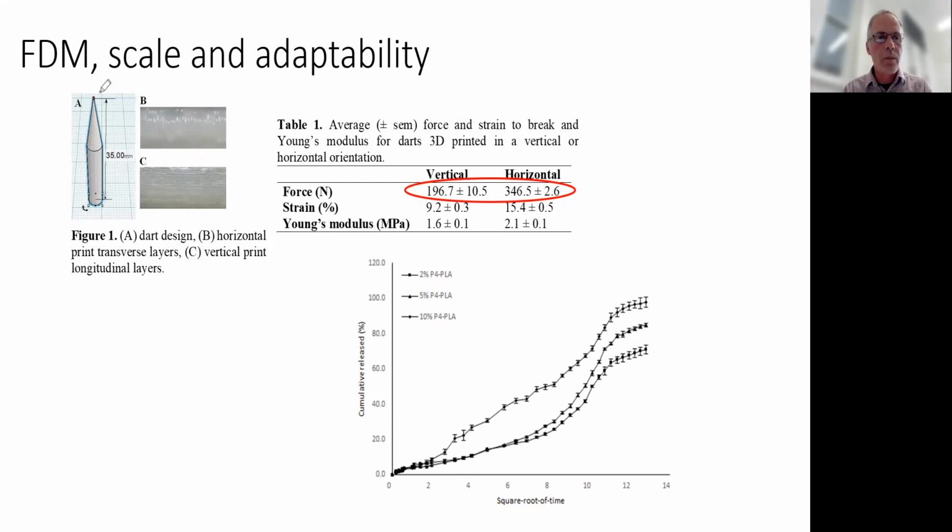So this dart, same design, but if you print it vertical, standing up like a rocket, the force to break it is about 200 newtons. The same dart, if it's printed 90 degrees on its side, the force to break is about 350.